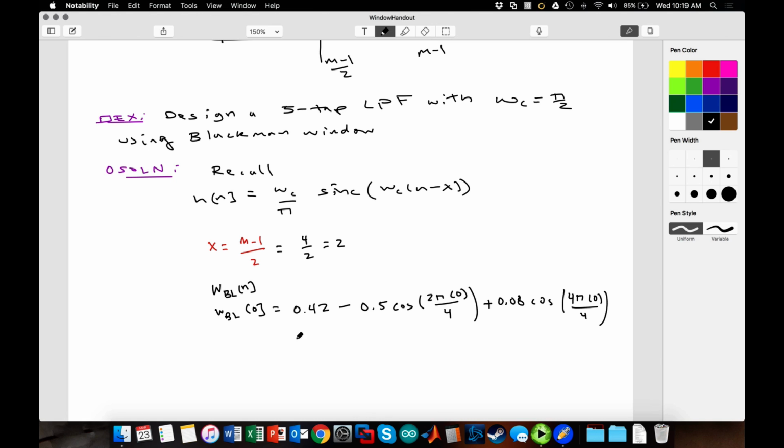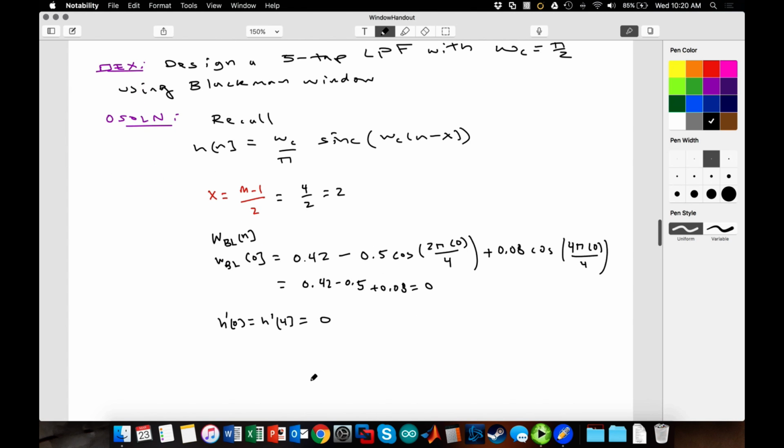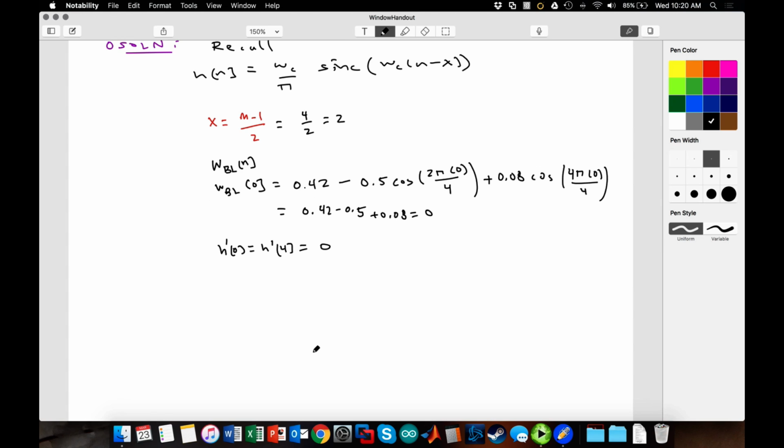Cosine of 0 is 1 in both cases, so this is equal to 0.42 minus 0.5 plus 0.08, which is equal to 0. So that means that h of 0, and I'm going to put a prime to denote that I've windowed, is equal to h prime of 4 is equal to 0, because if I multiply any tap weight by 0, I'm absolutely going to get 0. So this first one is done.